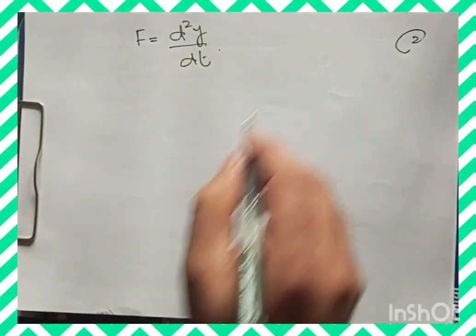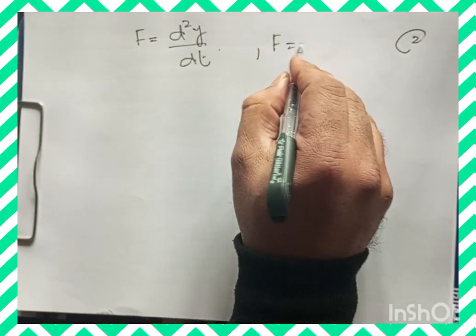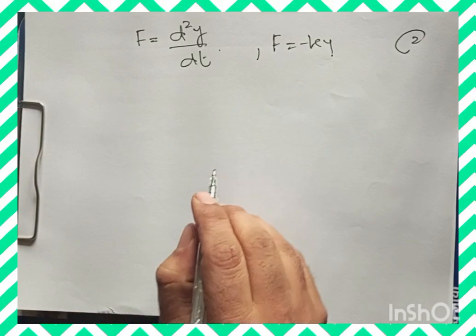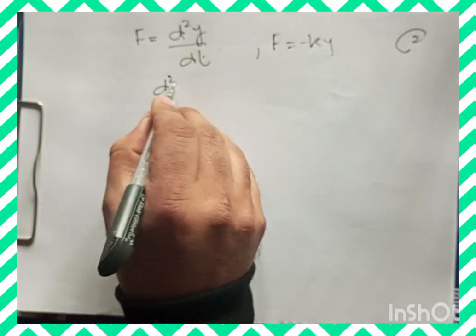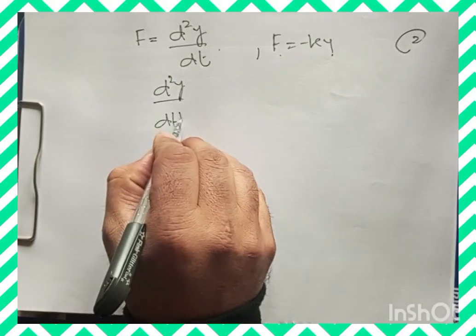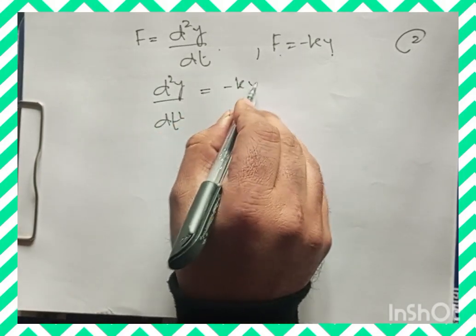So we have F is equal to minus ky, and for this F, I can use d2y by dt2, and this is equal to minus ky.